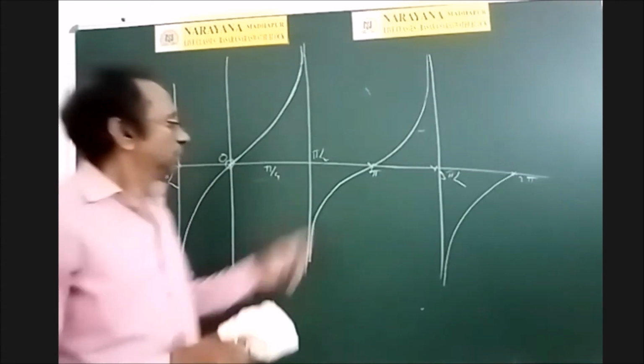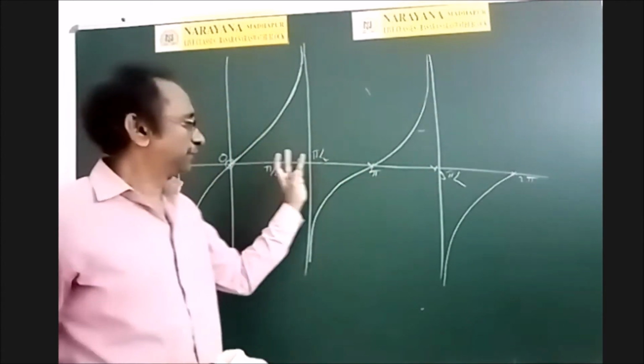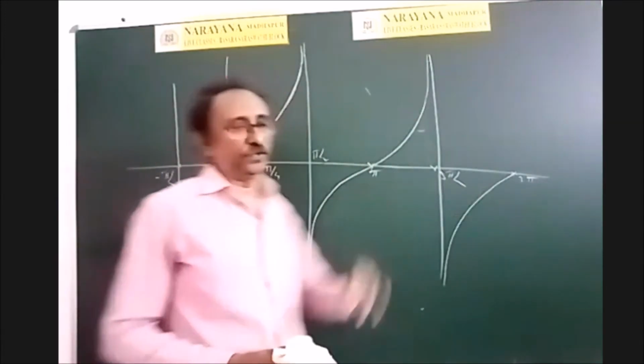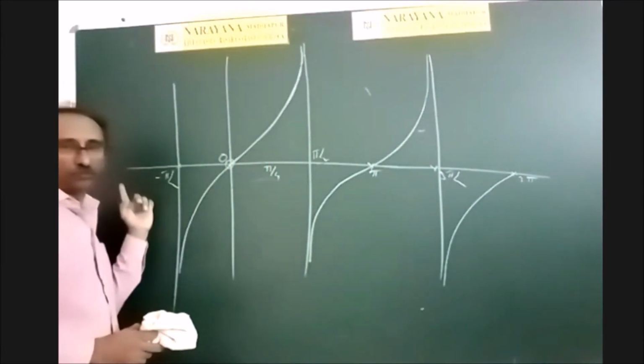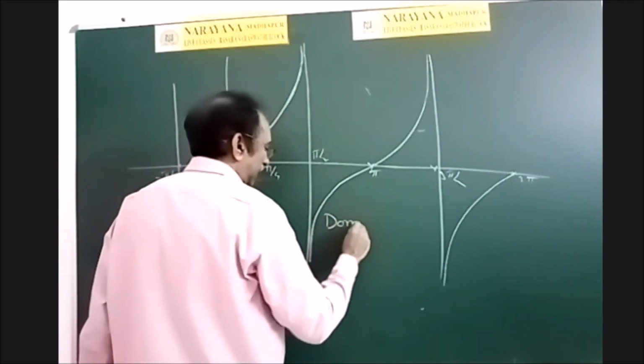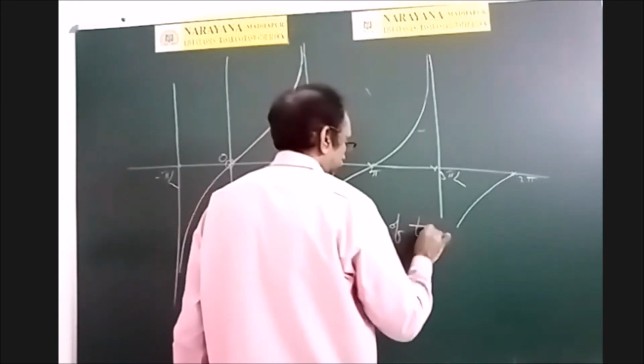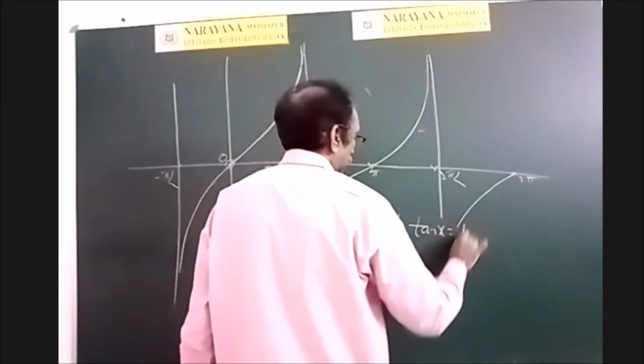What are these? Odd multiples of pi by 2. 1 pi by 2, 3 pi by 2, 5 pi by 2. Similarly, minus pi by 2, minus 3 pi by 2, like that. Therefore, if you want to write the domain of tan x, what do you have to write?